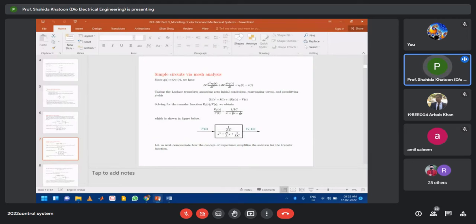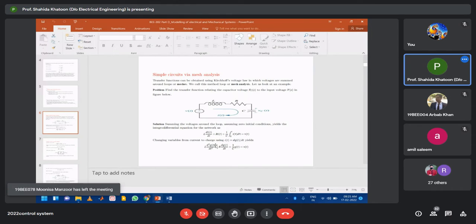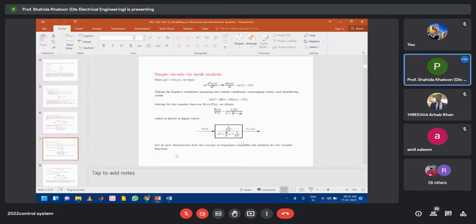So if you keep solving this, replace q(t) by C vC(t) in the previous equation, because you know that v is equal to q by C, so q is equal to Cv. So you can write down LC d2vC(t)/dt2 plus RC dvC(t)/dt plus vC(t) equal to v(t).